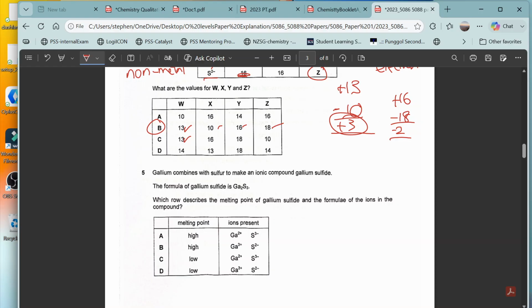So you do not need to know how to draw the atomic structure of gallium. Never mind. Gallium belongs to group 13.